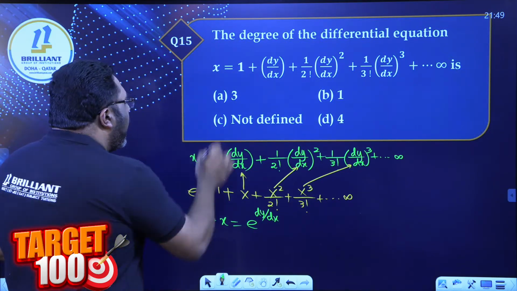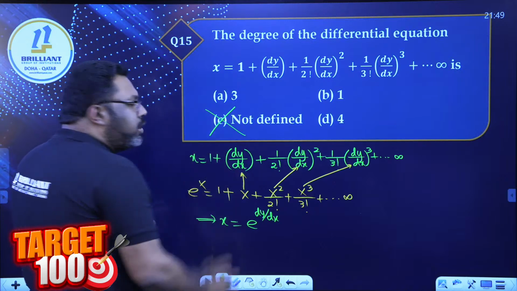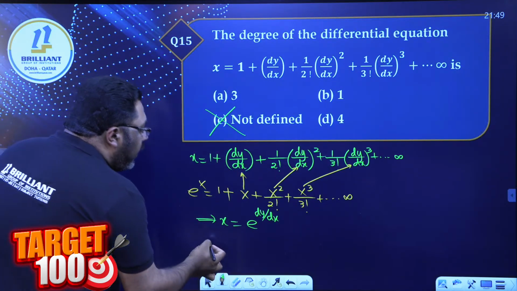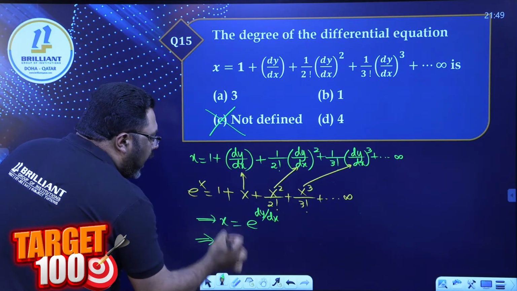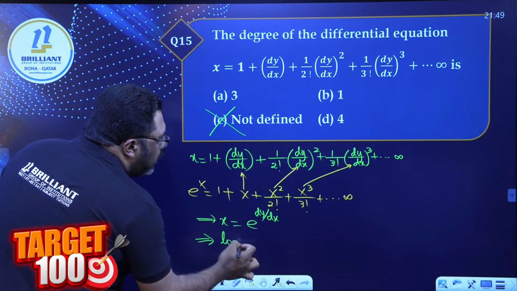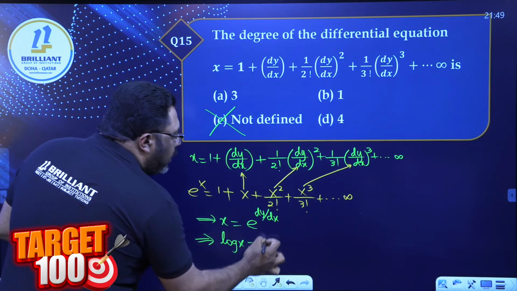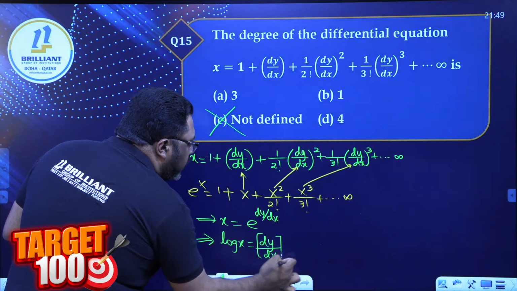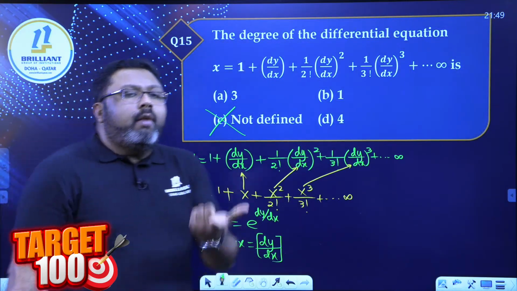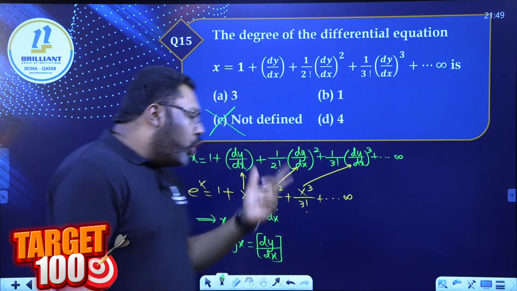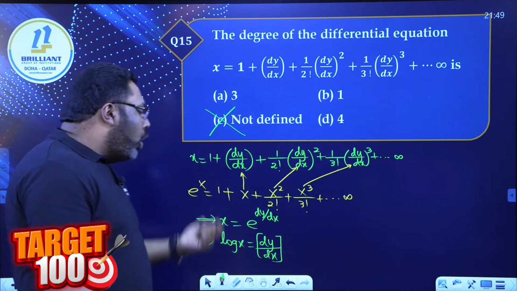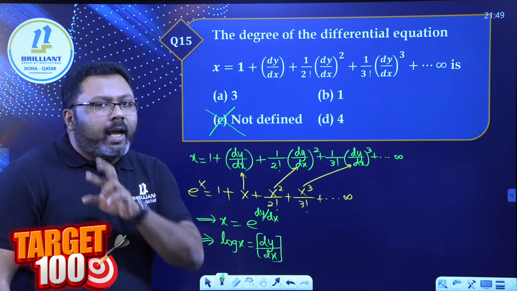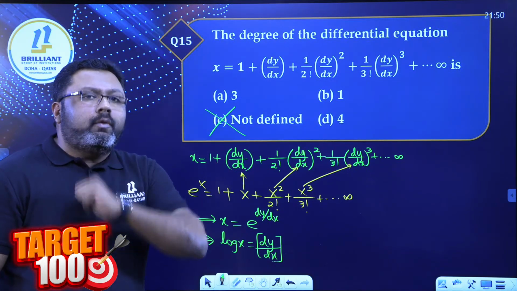Again wrong. It's not defined is wrong, because I can invert this e and I can write it as log x equal to dy by dx. Now my differential coefficient is free of the non-polynomial form. Though there is a log x, that log is sitting with x. x is not a differential coefficient.